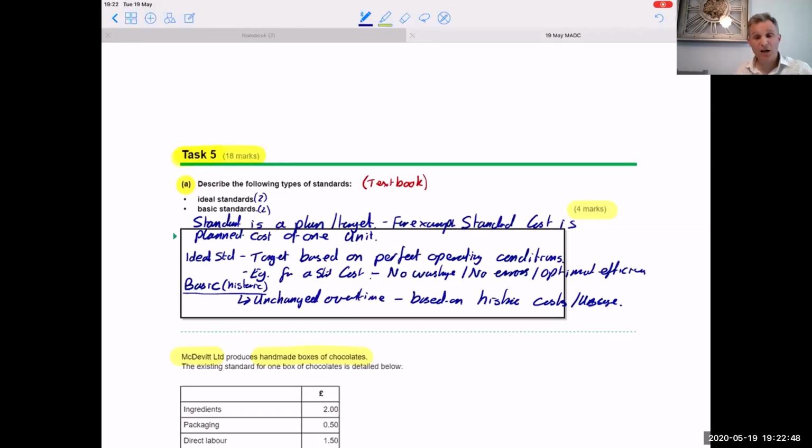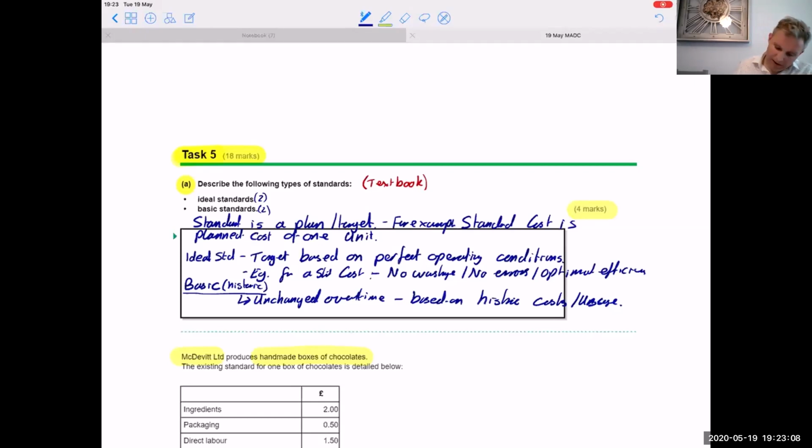So we set our target, or we set our standard, we worked out what the cost would be per unit based on something that happened 10 years ago. So 10 years ago, when we first started making this product, this is the amount of ingredients we needed, this is the amount of labour time, this is the labour rate. Now it's something that was done years ago, hasn't been updated since.